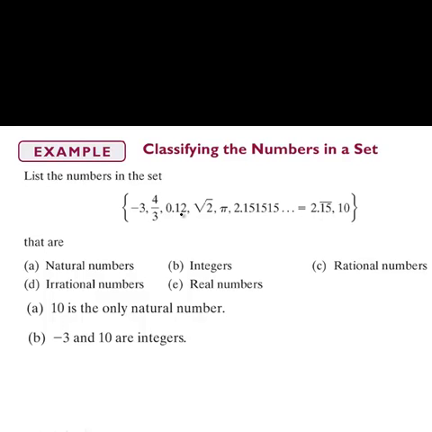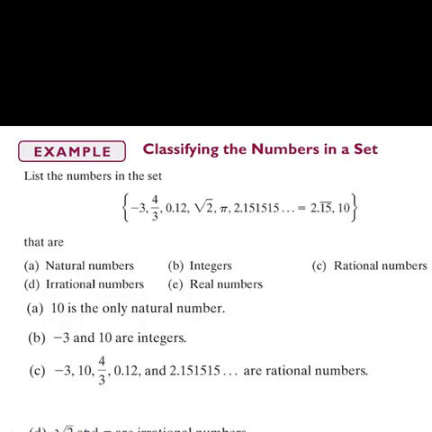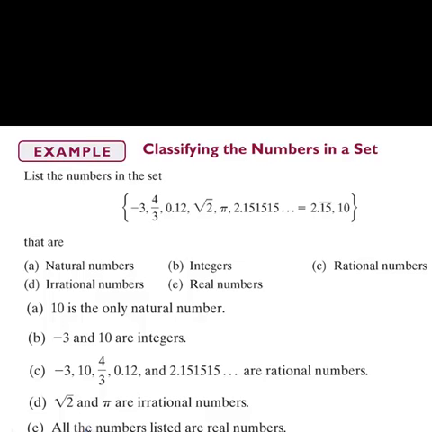Also, if you have a decimal that terminates, like the 0.12, that's also a rational number. So we have the -3, the 4/3, the 0.12, the 2.15 repeating, and the 10. Those are going to be your rational numbers. Okay? And then we have the square root of 2 and pi as your irrational numbers. And then all of these numbers are real numbers.